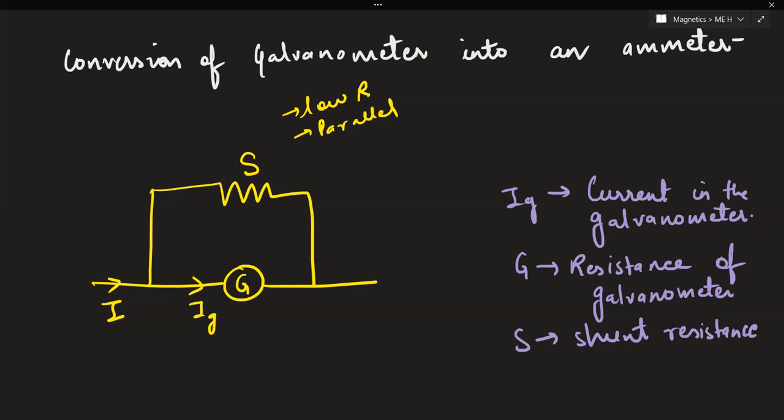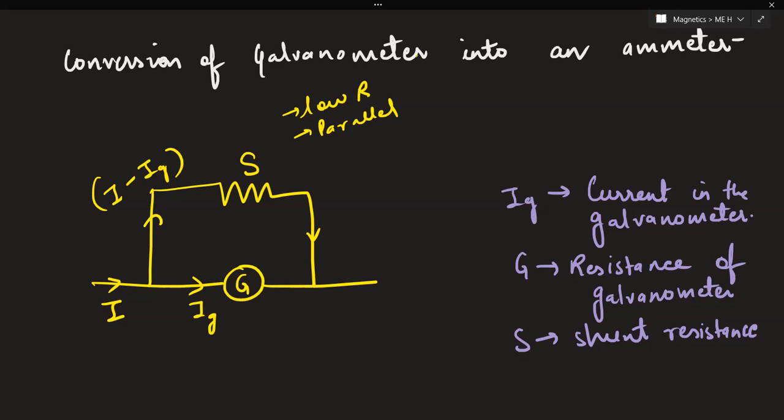Now, obviously, from the total current I, if IG has been abstracted, then I minus IG will be left to flow through this. So I minus IG is the current through the shunt. IG is the current across the galvanometer. G is the resistance of galvanometer, and S is the shunt resistance.